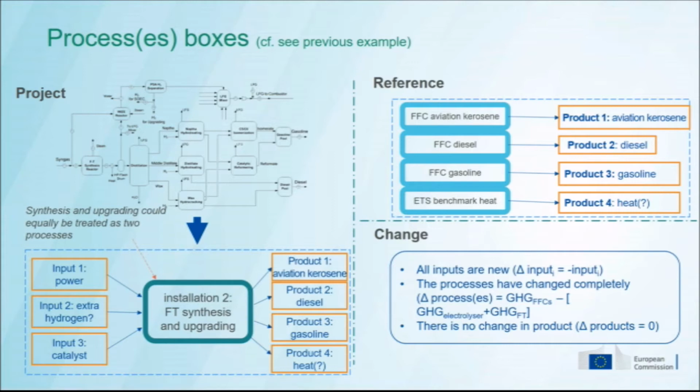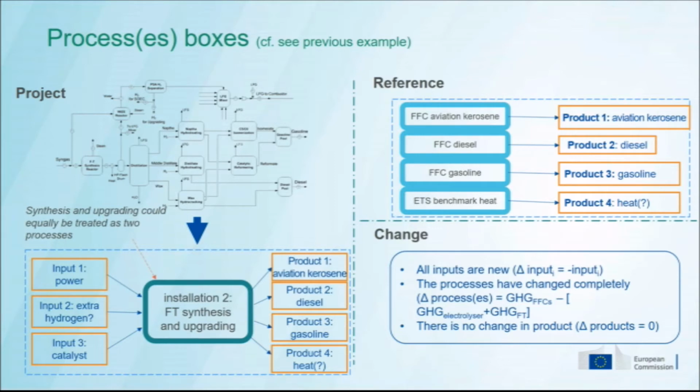We're focusing now on installation 2 in this example, because we've already looked at our hydrogen production. This is the modification to that example. So installation 2 is your fuel synthesis and upgrading. We have it in one installation here, but they could be treated as two processes.